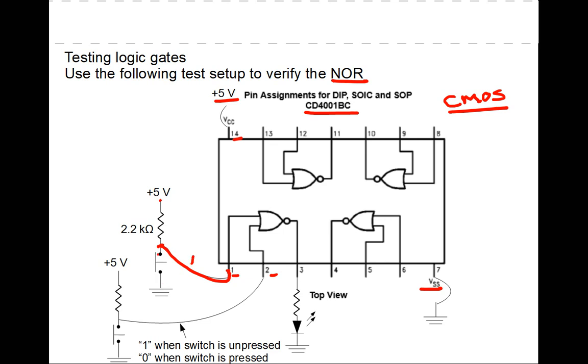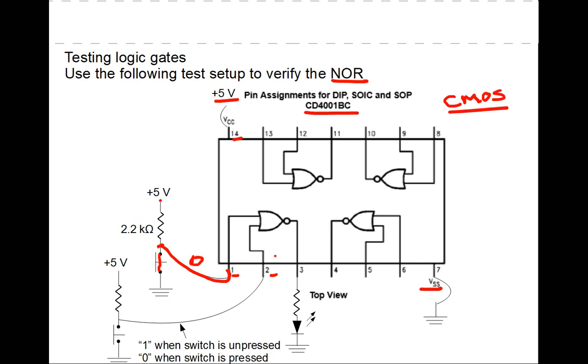Now, if I close the switch by pressing it, this side now becomes ground because I'm dropping the full 5 volts across the 2K ohm resistor. So then when we press the switch, we get a 0 here.